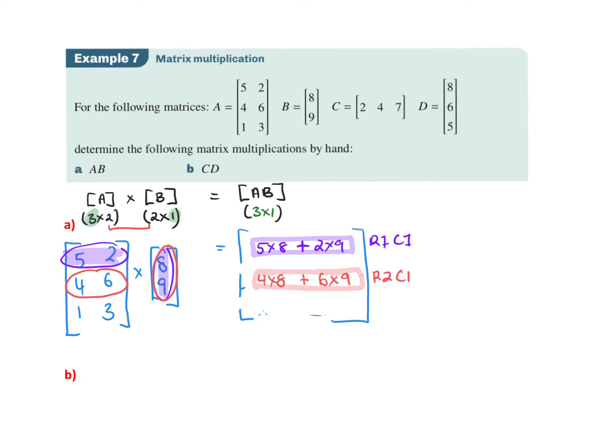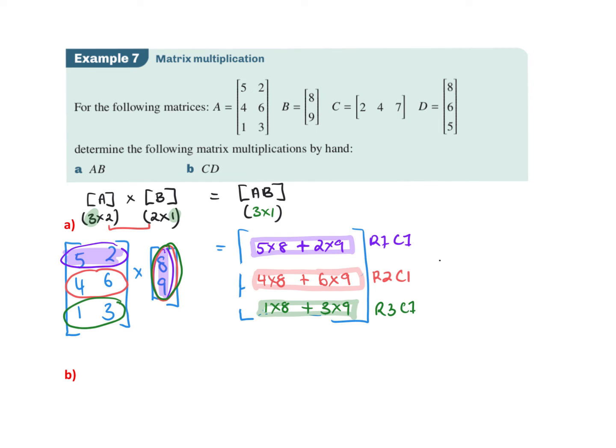And then if we look at our last spot that we need to find, that's row 3 in column 1 of my answer. So it means I've got to use row 3 of the first matrix with column 1 of the second. So it'll be 1 times 8 plus 3 times 9.